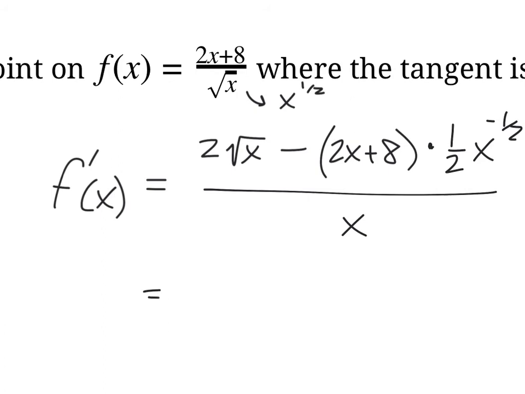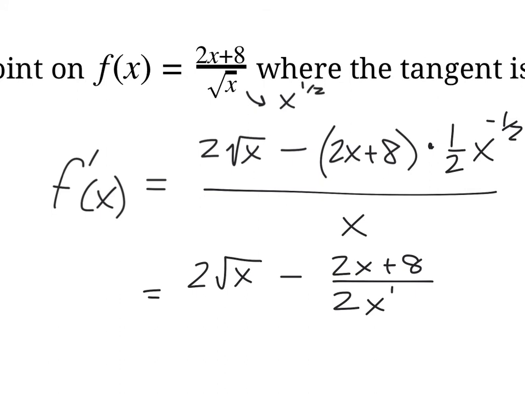We are going to have to do some algebra with it to find out where f prime of x is 0, so it's probably best if we simplify it a bit. So let's start off by simplifying that second part here. We have 2x plus 8. Basically, that's all over this 2 and then x to the 1/2.